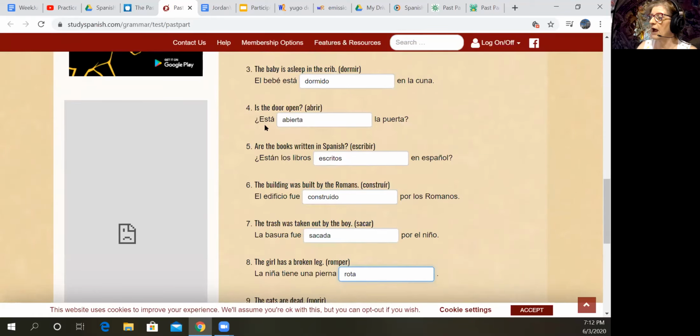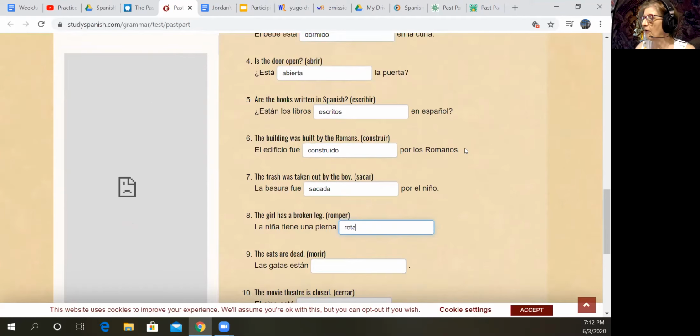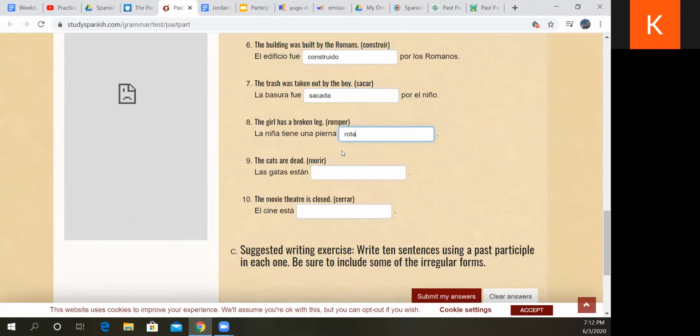But up here, I've used it with estar. Está abierta la puerta. Is the door open? So I can use this participle with estar, or maybe I don't need estar. Like down here, in número 8, la niña tiene una pierna rota.